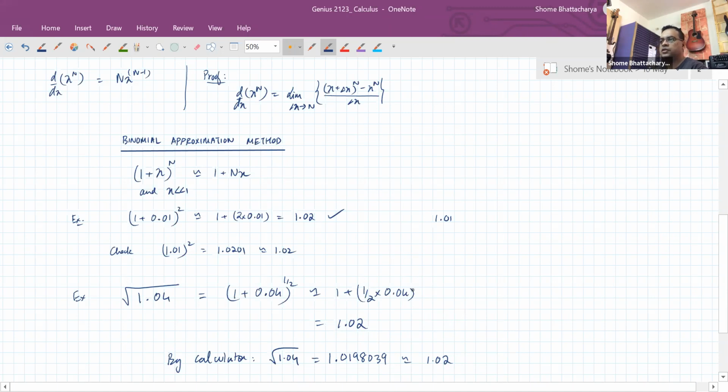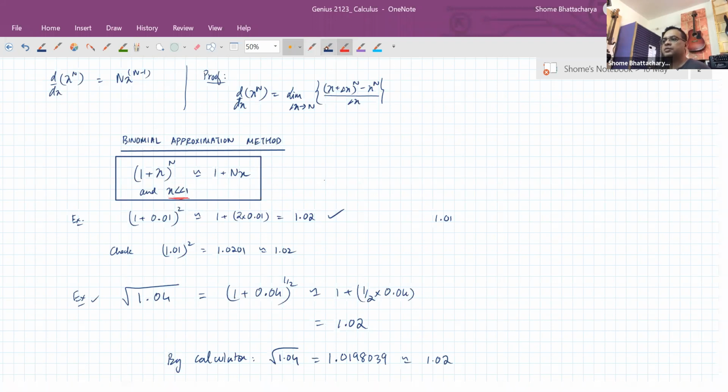You can see that is approximately equal to 1.02 if I'm approximating up to the second place of decimal. By showing you some numerical examples, I'm establishing that this gives me the correct result. There's a logic behind this also, and we'll come to that. But remember that this approximation can be done only when the condition is satisfied, that x should be very small compared to 1.